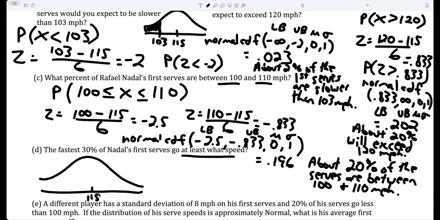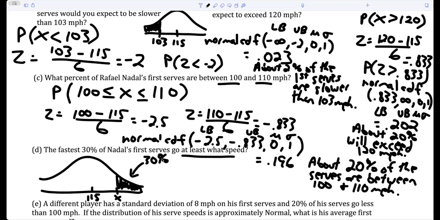And so this time we are looking for a speed, so I'm going to call that X. And what information do they give us? It's the fastest 30%. So that means if I were to shade in this right here, then this has to be 30%.